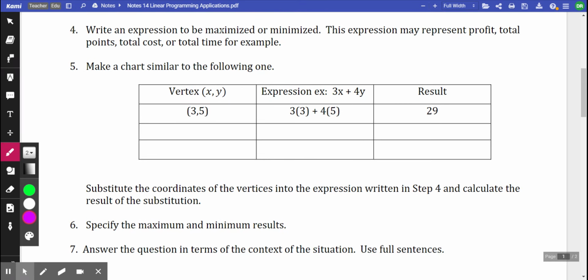So sometimes we want to maximize values like profit, since profit is money that we are making and keeping. So as far as a business goes, you'd want to make as much money as possible. But maybe we want to minimize values such as cost. So the same idea with a business: it's going to cost you to purchase materials to make your product.